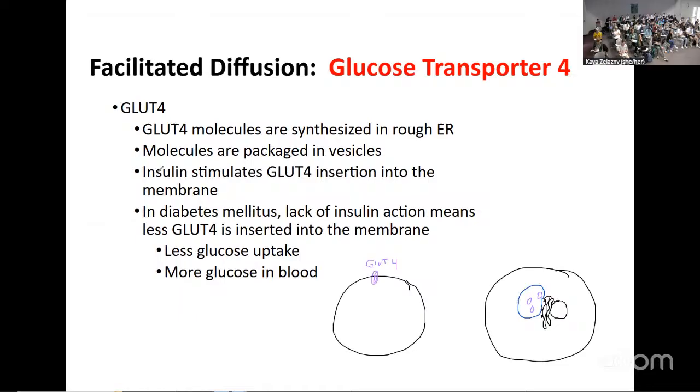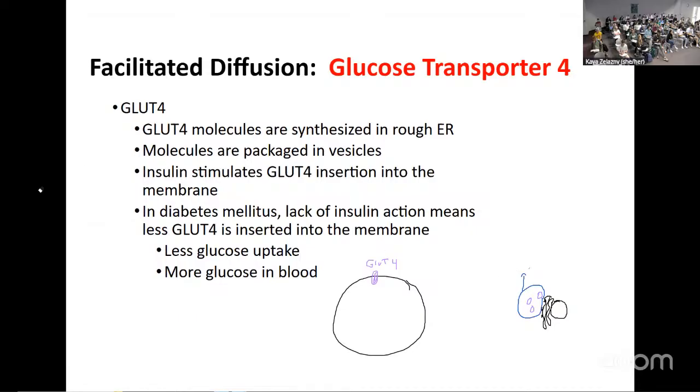And then when we get a signal from insulin, which is a hormone coming from the pancreas, what the insulin tells the cell to do is to take that vesicle, bring it up to the membrane, right? And then this bubble pops, right? So we go from having this complete circle here, this membrane. I'm going to take an eraser briefly, redraw this. Okay.